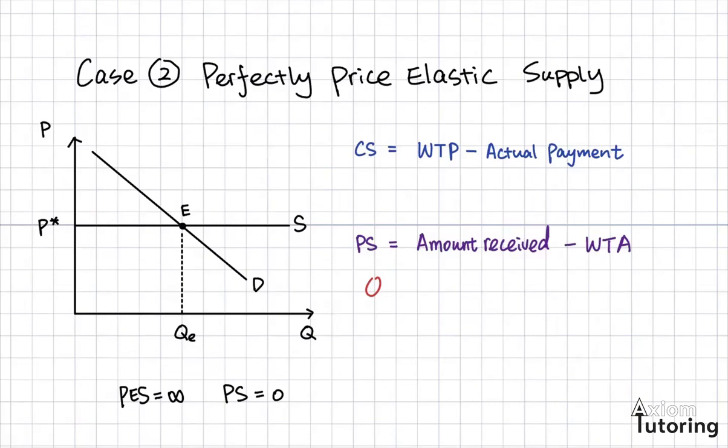Here, there is no area between the price producers receive and the supply curve, so the producer surplus is zero. And on the diagram, I denote consumer surplus as area A, this triangle here, which is below the demand curve and above the price paid by consumers bounded by the transaction quantity.